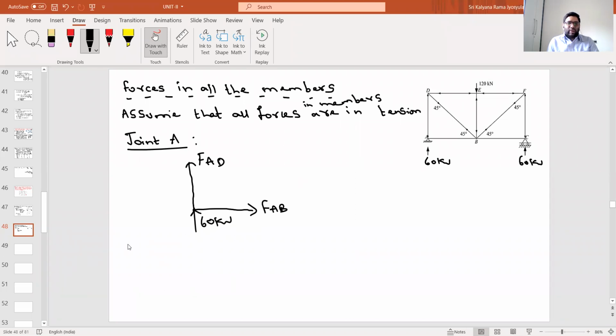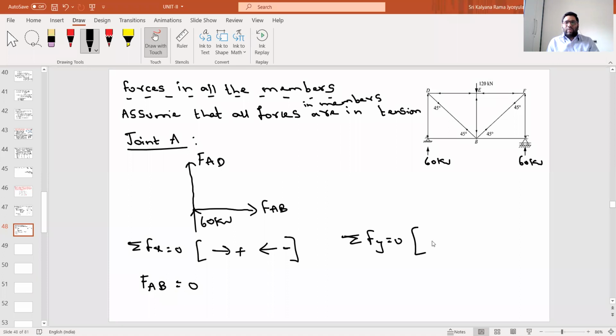Okay. Now sigma Fx is equal to 0 means this is positive, this is negative. So FAB is equal to 0. There is no force acting. Next, sigma Fy is equal to 0. Upward positive, downward negative.